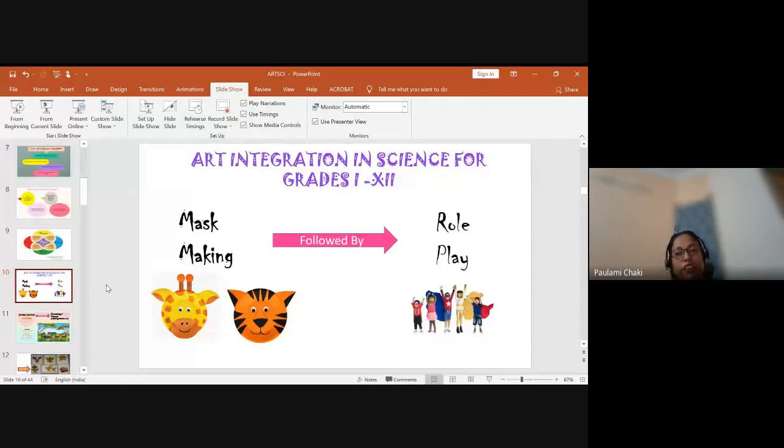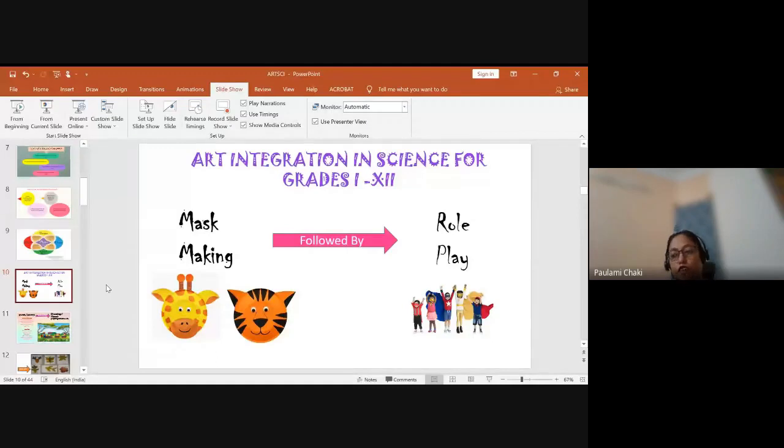So mask making. I am going down into the younger stages of school education. In grade 2 and grade 3, we generally talk about EVS, not science, and there are many multiple things to be introduced.